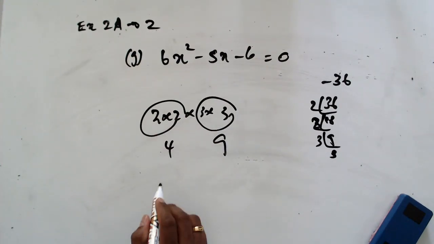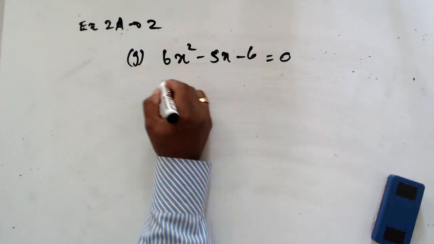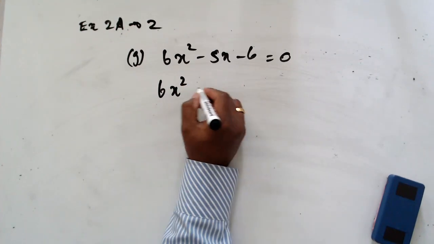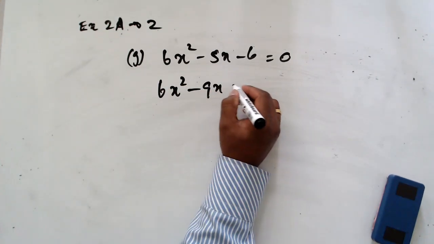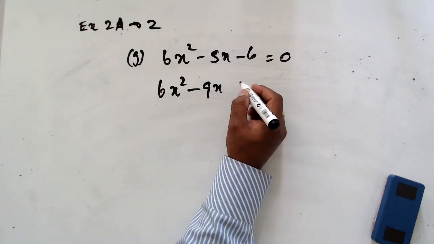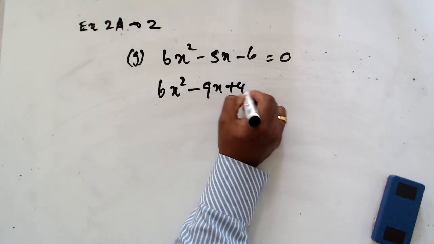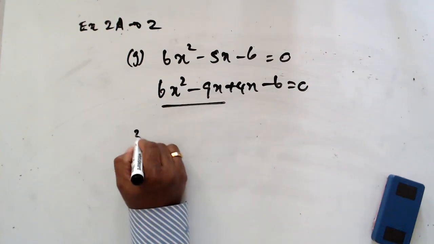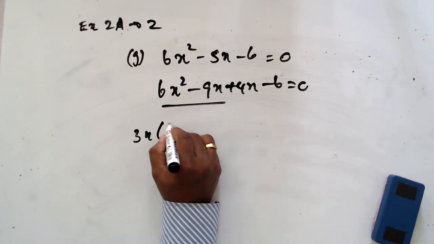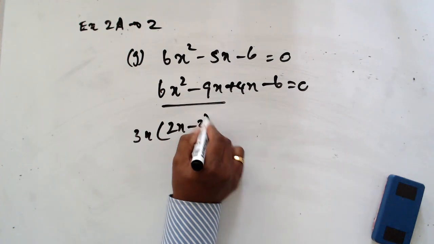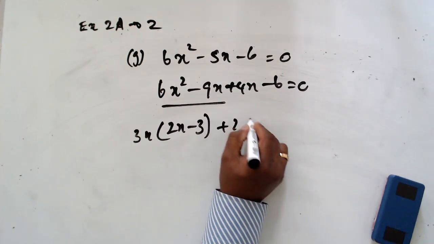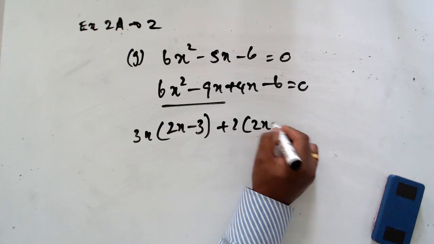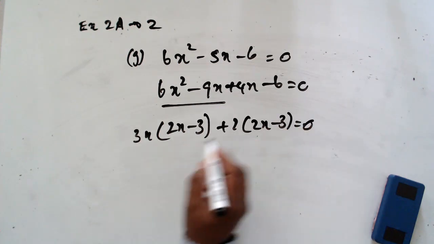Okay, that's the option. 6x squared minus 9x plus 4x minus 6 equals 0. 3x is common. 2x minus 3 is here, and plus 2 is common. 2x minus 3 here equals 0.